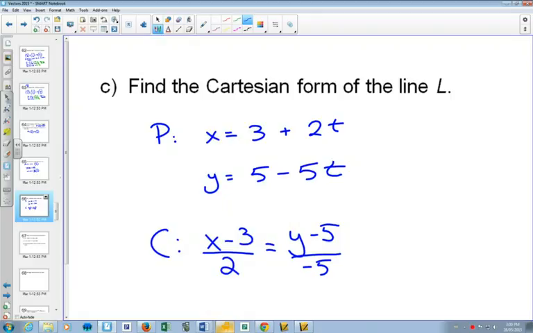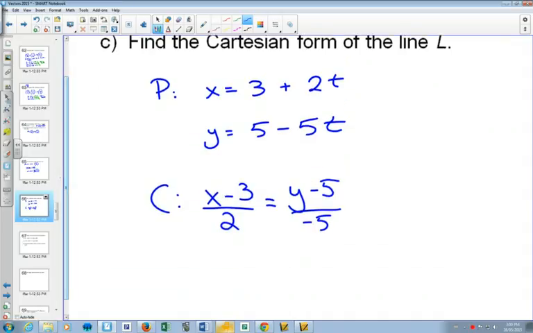And if you really, really, really liked y equals mx plus b, that was your favorite, all you'd have to do is take your Cartesian form and rearrange it. I would probably start by cross multiplying here. Negative 5x plus 15 equals 2y minus 10.